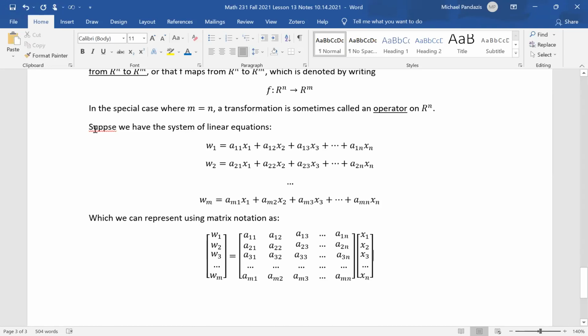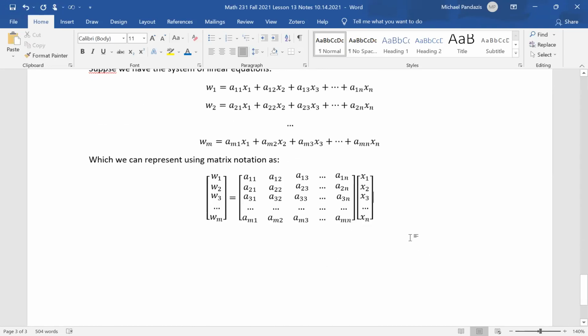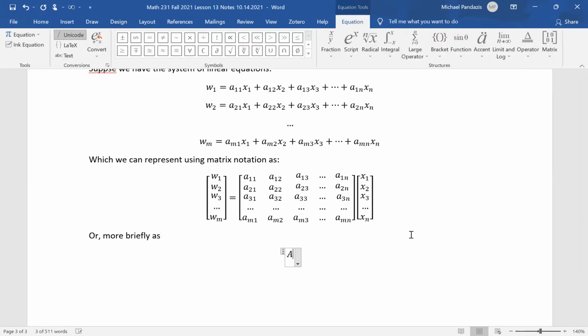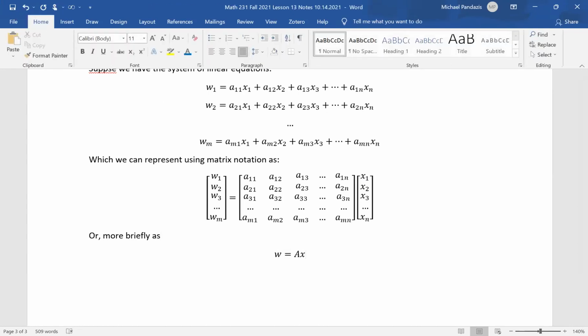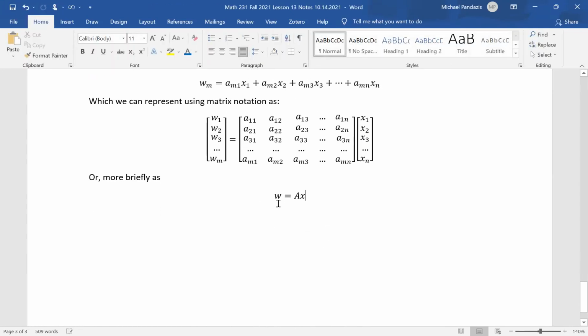Okay, or you could write this more briefly as W equals AX. So W is this matrix, capital A is this coefficient matrix, and little x is that matrix there, including the brackets, not just the entries.